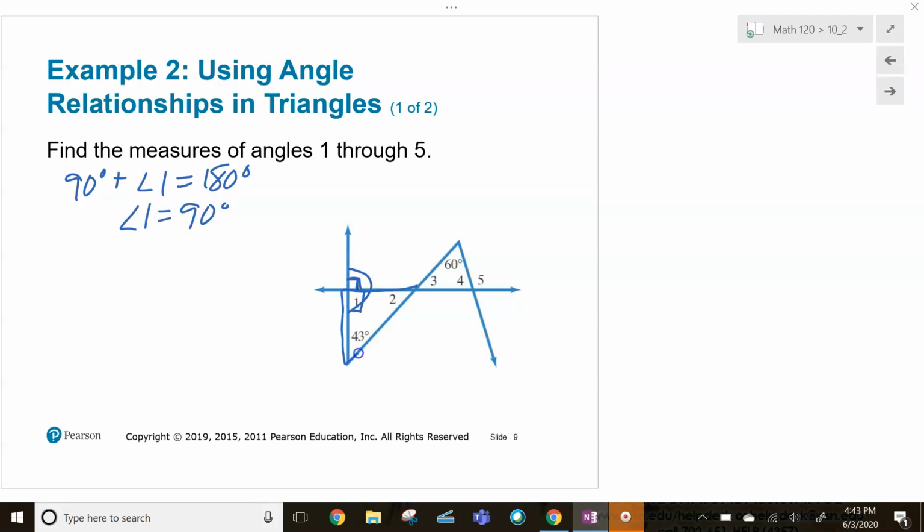Now I'm looking at this triangle right here. Angle 1 plus angle 2 plus the 43 degrees are the three interior angles of a triangle, so they've got to all add up to 180. And we know angle 1 is 90 degrees.